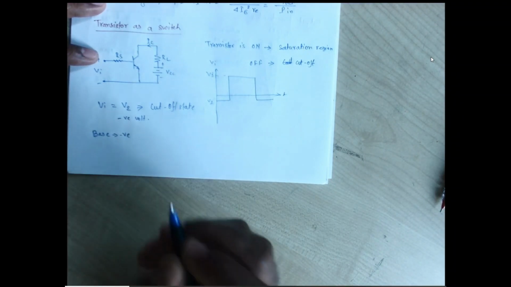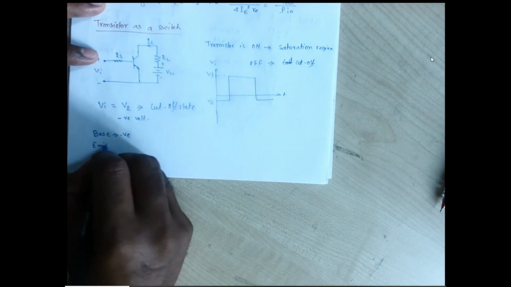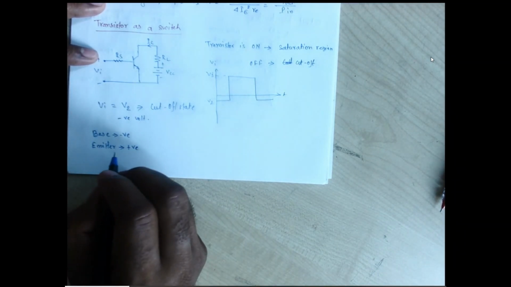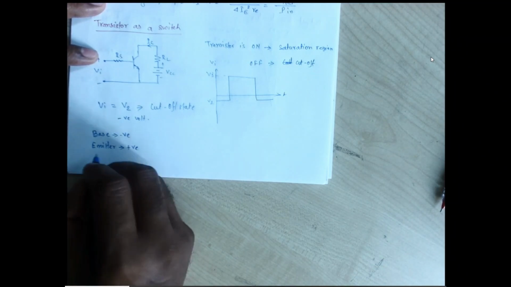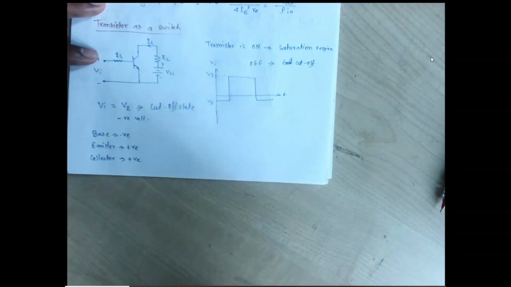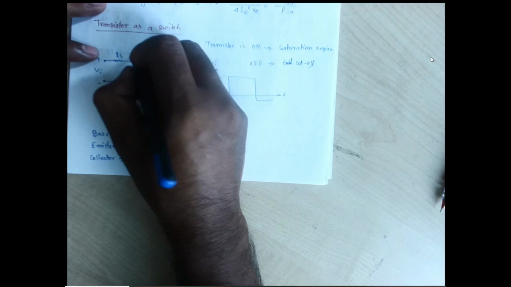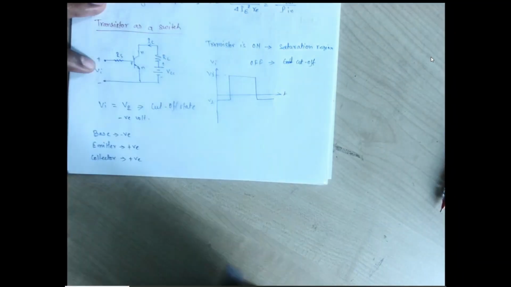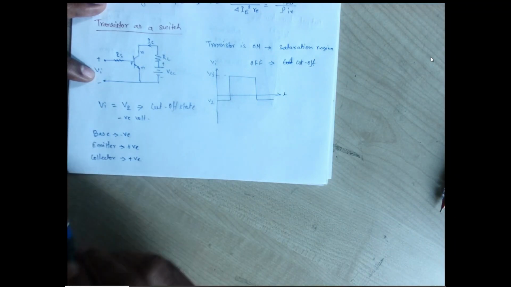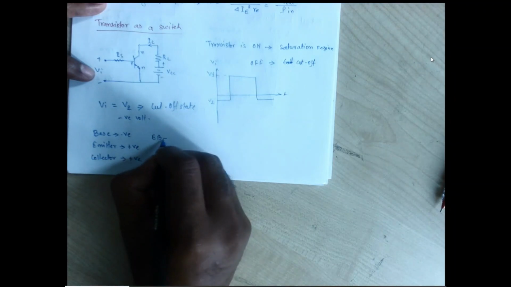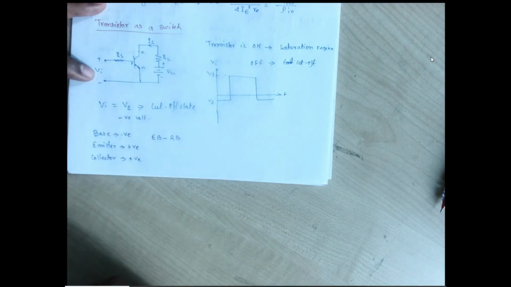negative, emitter is positive, and collector is positive. So for the emitter base junction, if it is an NPN transistor, positive is connected with negative and negative is connected with positive. So this emitter base junction is in the reverse bias.